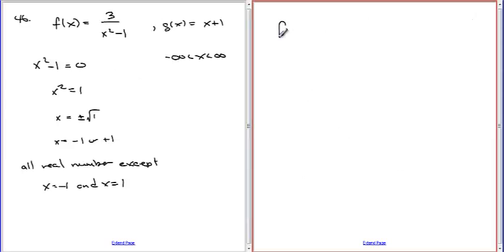Okay, now our composite function, f of g of x. So what we do is we put g of x in for x. So we get 3 over x plus 1 squared minus 1. And we'll multiply out the denominator first.